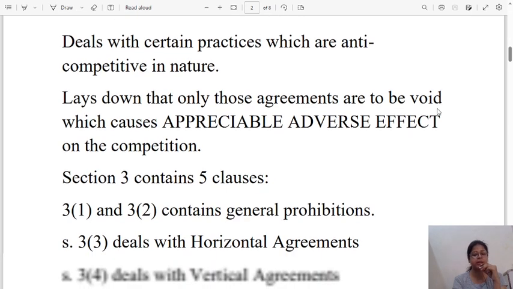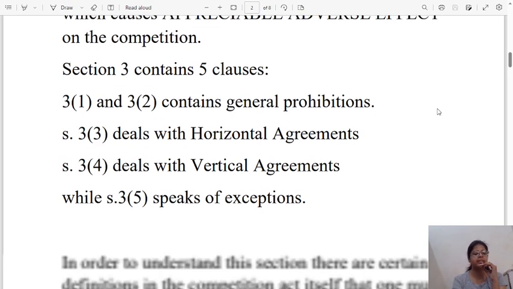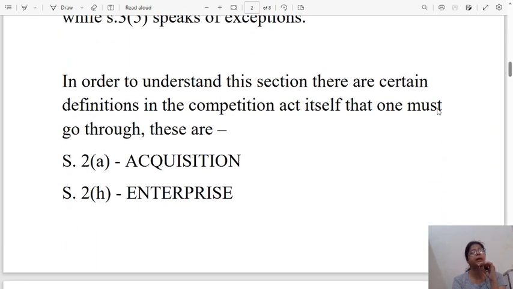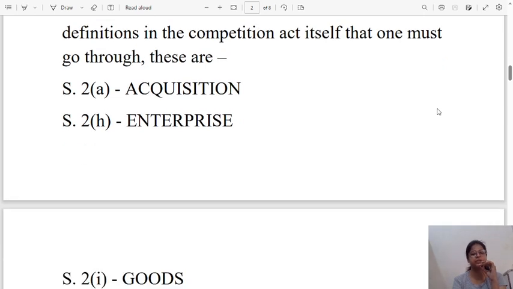When you see Section 3 of the Competition Act, you will find that there are 5 clauses. Section 3 clause 1 and clause 2 contain general prohibitions, while clause 3 deals with horizontal agreements, clause 4 deals with vertical agreements, and clause 5 speaks of the exceptions. But in order to understand this section, there are certain definitions in the Competition Act itself that one must go through.